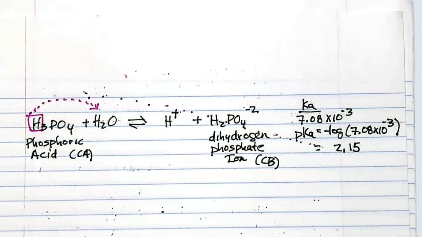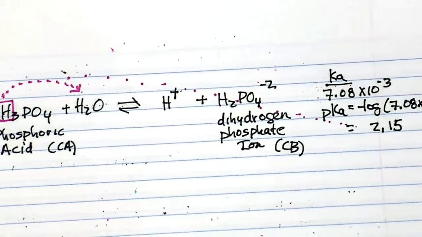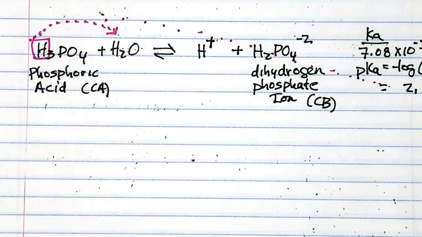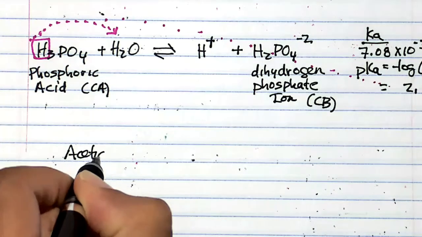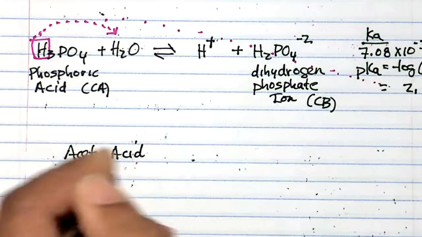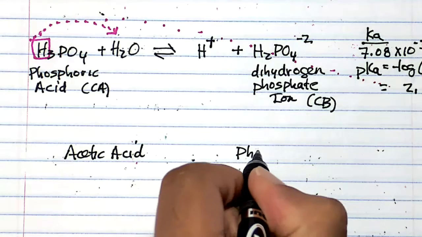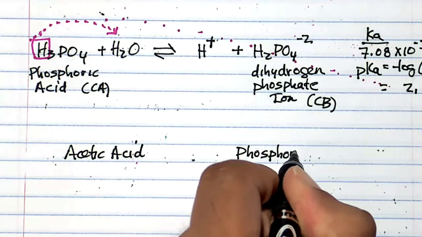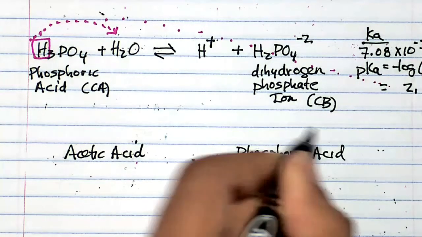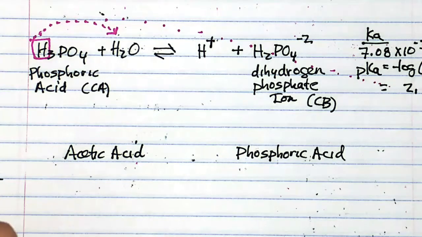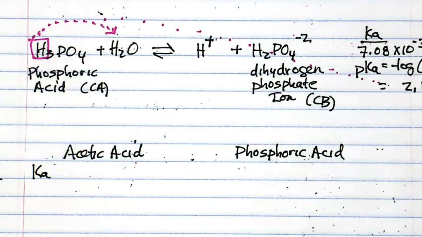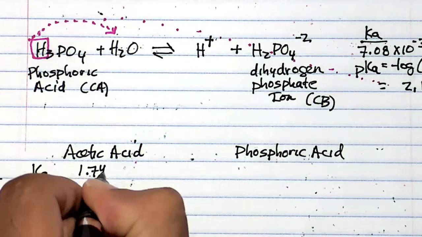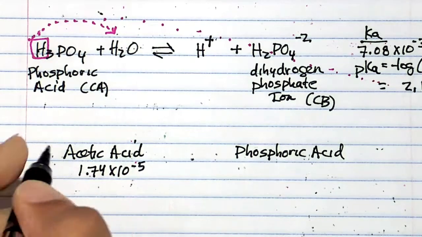Now let's just do a simple comparison here. We had two examples of acids. We had acetic acid and then we have phosphoric acid. The Ka for acetic acid, when we looked that up, was 1.74 times 10 to the minus 5.